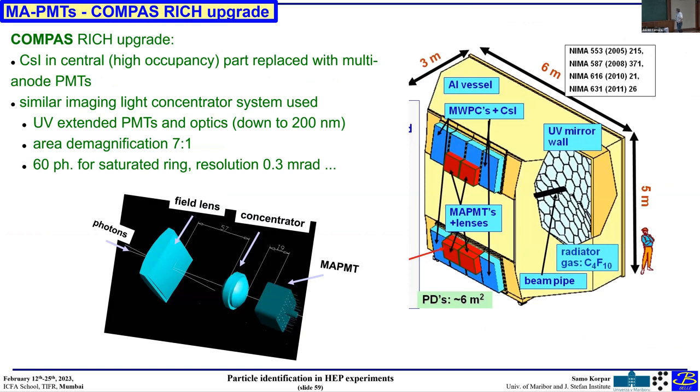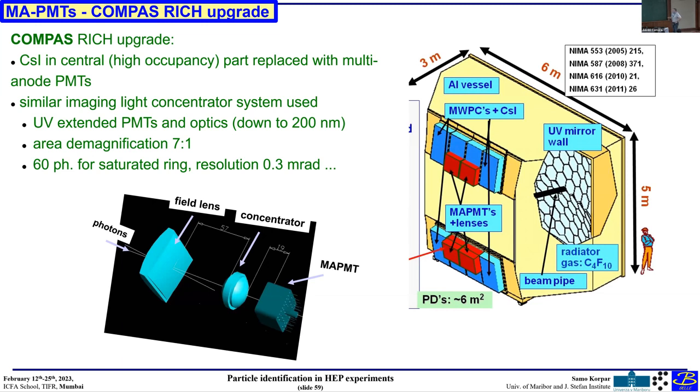Now, the same concept was later used in the COMPASS experiment, where they replaced cesium iodide detectors first in this central region with multi-anode PMTs. They had a system that was working in UV. In our case, we used plastic lenses, injection molded, so they cut off at 300 nanometers or so.